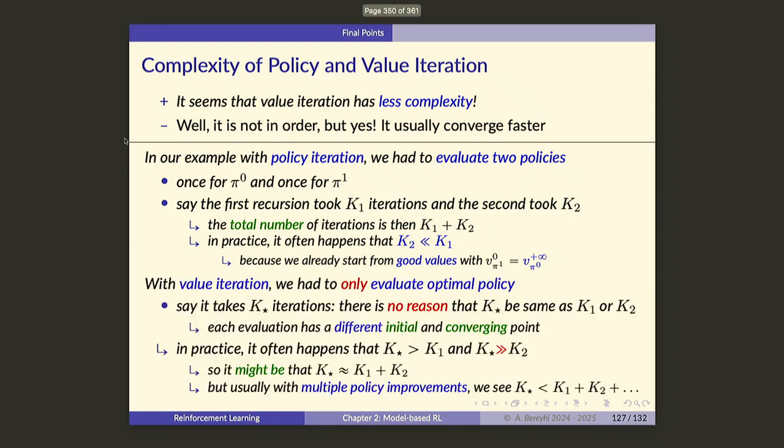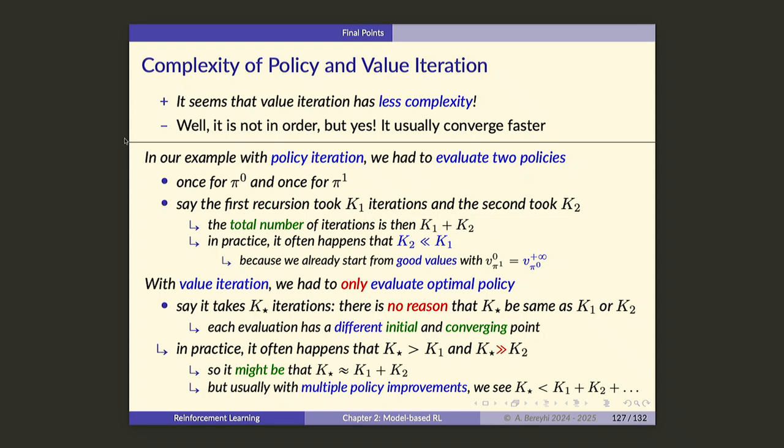Now, if you want to do value iteration, you do k star iterations, right? You start from all values being 0, and then you iterate using the optimal Bellman equation till you converge. Say this number of iterations is k star. There is no reason for k star to be smaller than k1 plus k2. You see it, right?